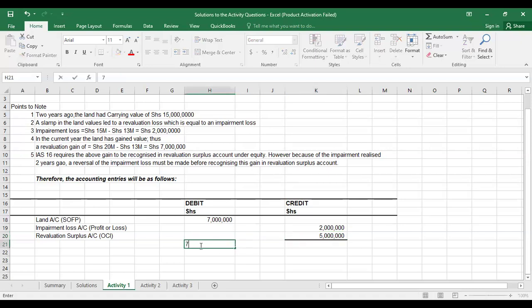So we shall have our 7 million and our 7 million is our total.